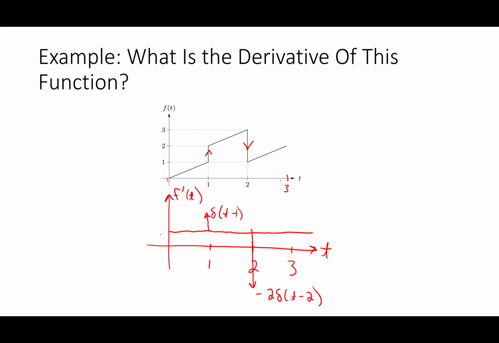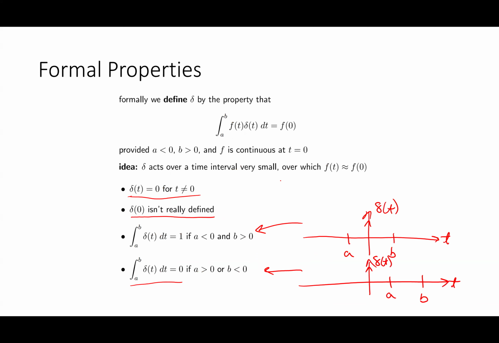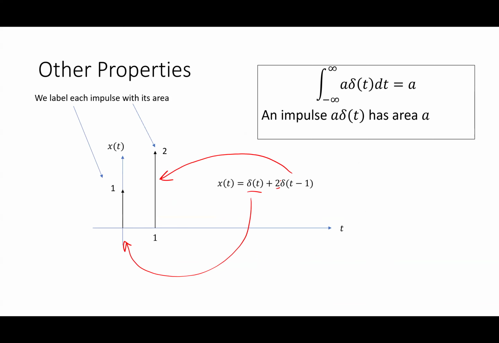Okay, if you thought through that. But we typically think of these things in terms of areas. And so I say if I have A times delta t, so I have a number in front of it, and I integrate from negative infinity to positive infinity, the value of this is A, whatever that number is, right? So basically an impulse A times delta t, we say has an area A, all right?